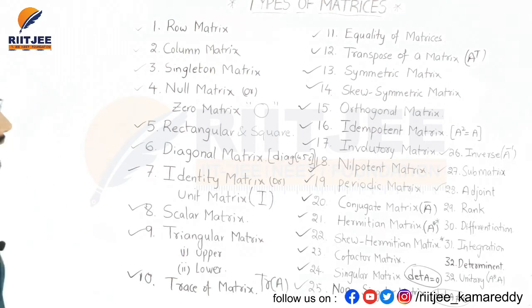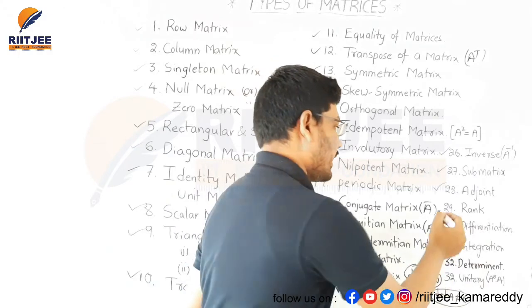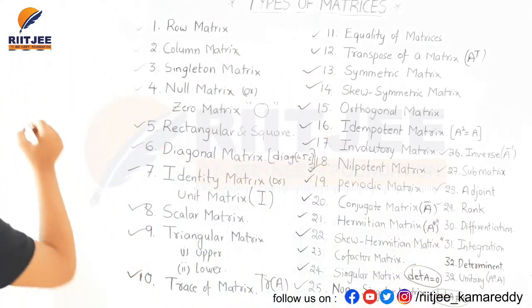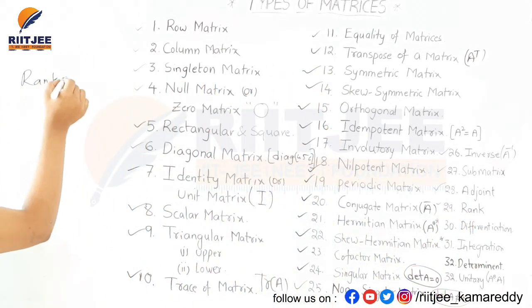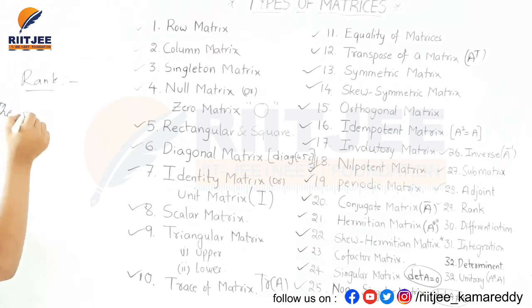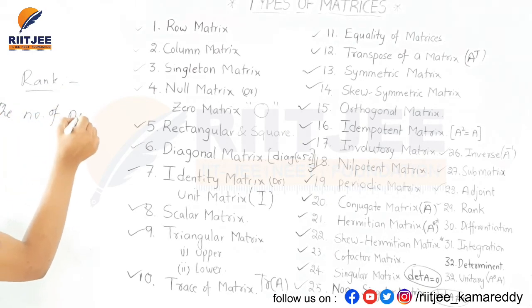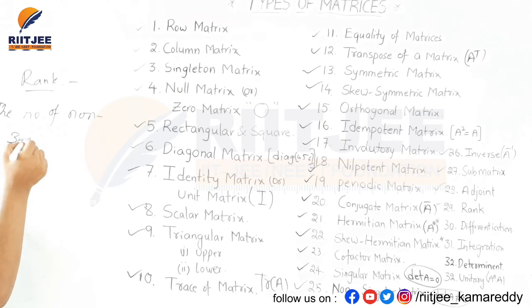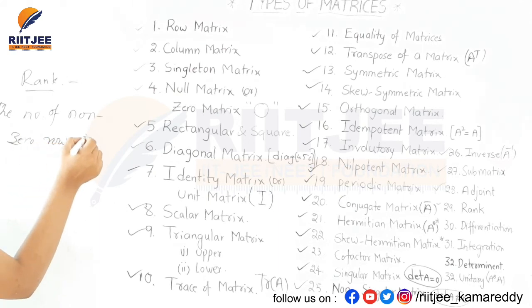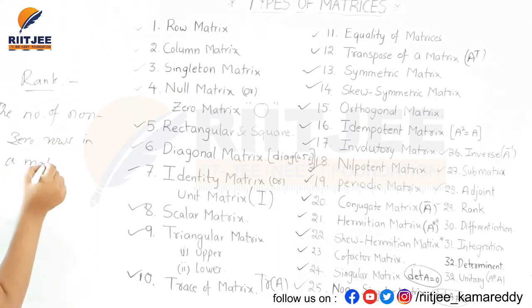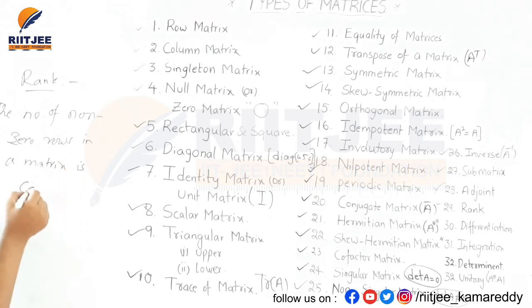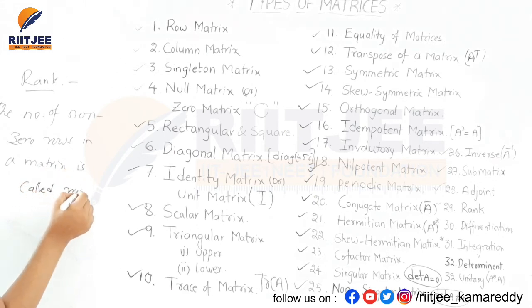And the next matrix is rank of a matrix. The number of non-zero rows in a matrix is called the rank of a matrix.